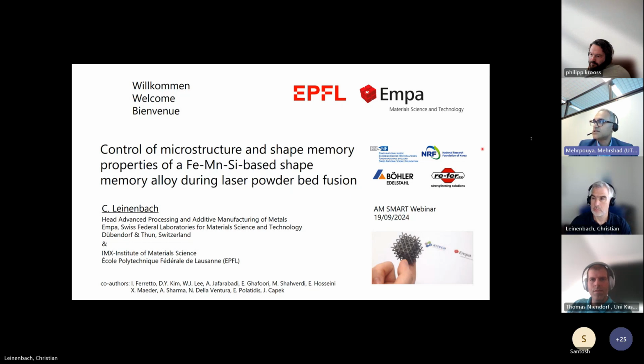He's going to host this session with and welcome to two main speakers that we have. The interesting point about this session is we have two talks about different types of shape memory alloys and also different types of additive manufacturing processes.